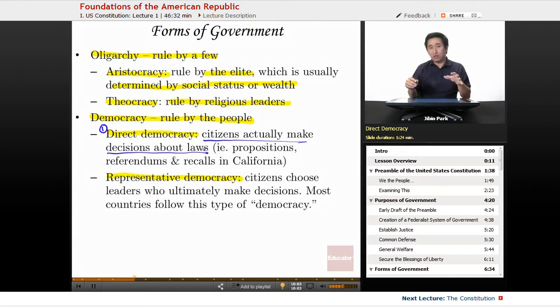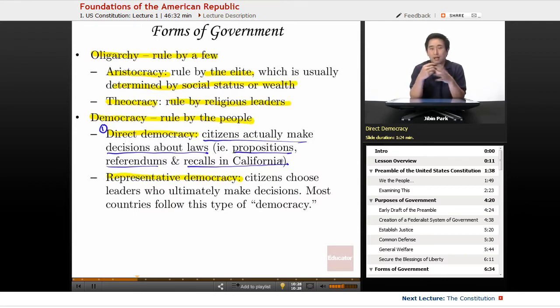But even in the United States, in California in particular, there are examples of direct democracy happening. For example, there are propositions, referendums, and recalls in California. This is where literally the people rather than the legislature decide. So not only are there elections, but in some states you have more direct democracy.